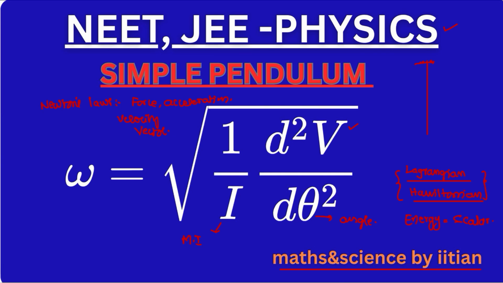In the examinations, we need not think that only the frequency from T equal to 2 pi into square root of L by g may be asked. There can be questions from potential; if frequency is asked, this type of formula we have to apply.